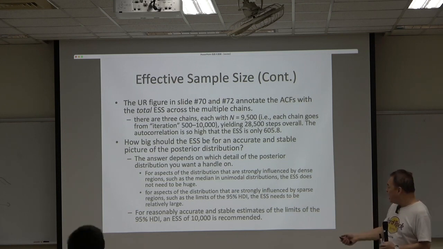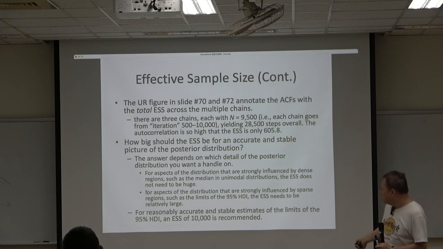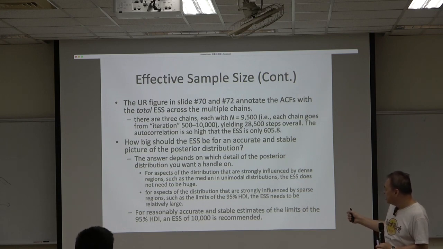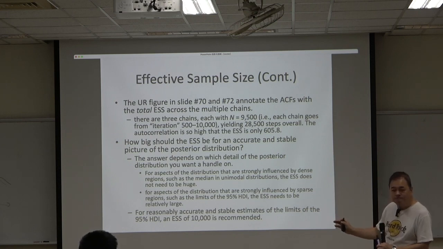So how high do you need? If you want a very good estimate of the 95% HDI, this book suggests 10,000 ESS. This is ESS, not the N. The effective sample size should be 10,000.